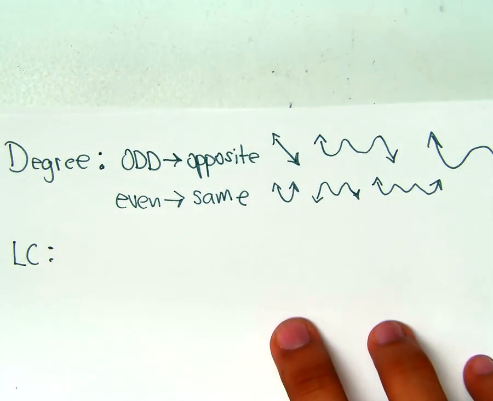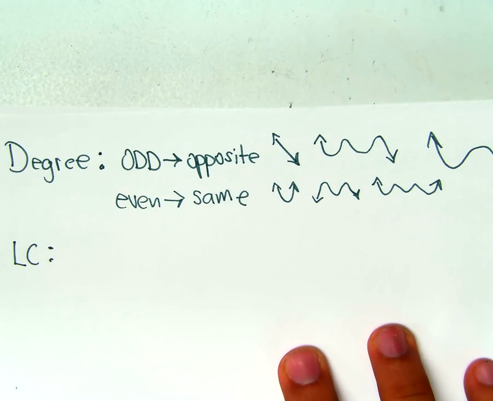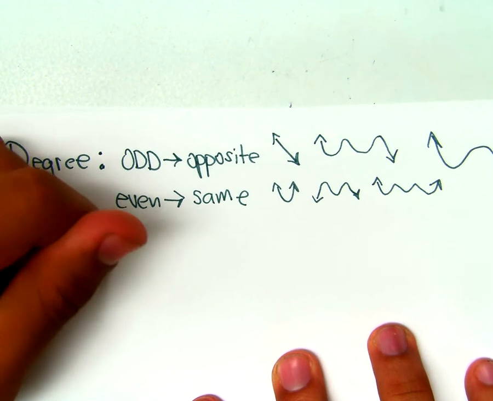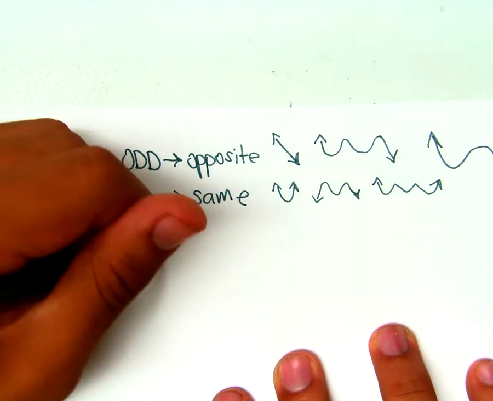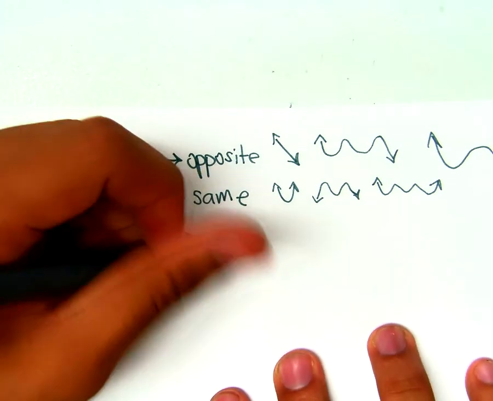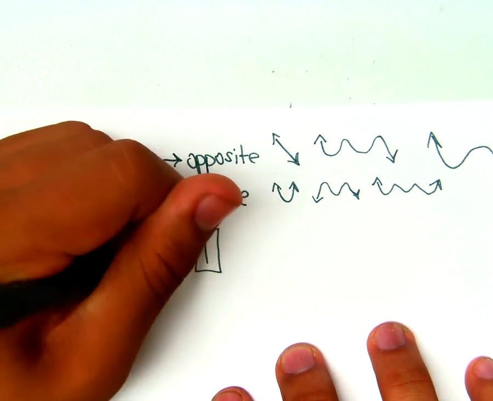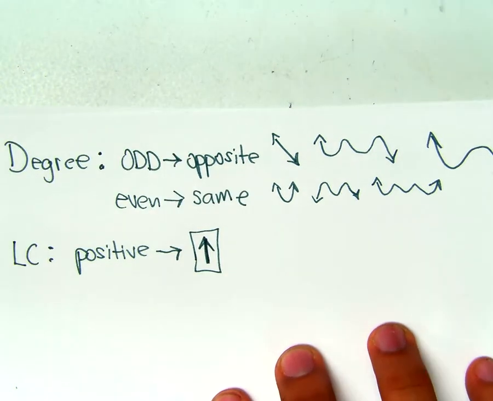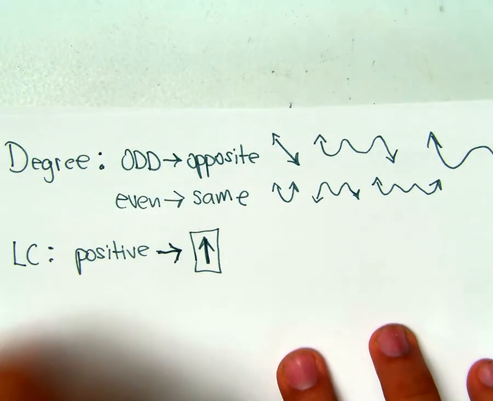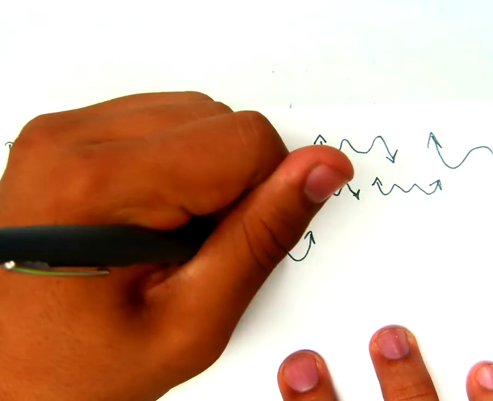So they're opposite. Okay? Now, as far as the leading coefficient, the only thing that matters is whether it's positive or negative. So if it's positive, we read left to right, so the right side, as we read the function, is going to end up going upwards. We'll have functions that may look like this.